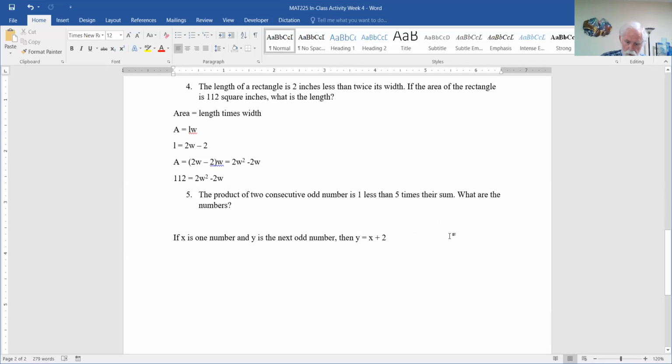Now, if we look at this second one, and let's just say we're looking at now, let's take the, let's just ignore this particular part of 2 consecutive odd numbers.